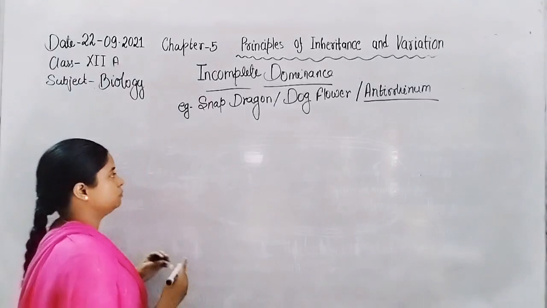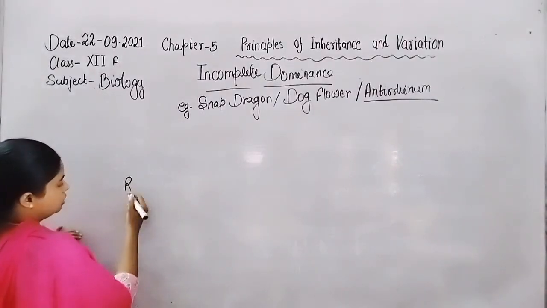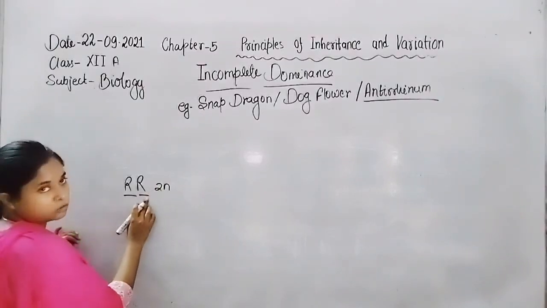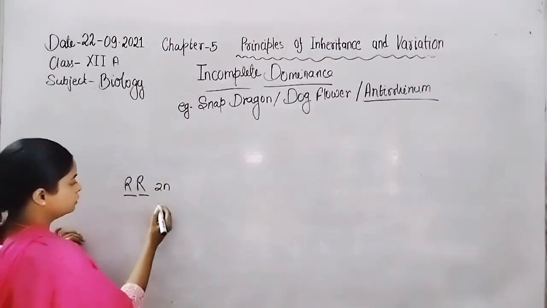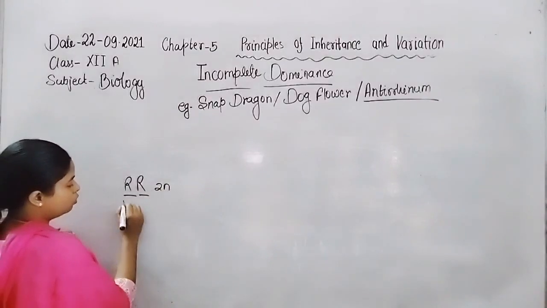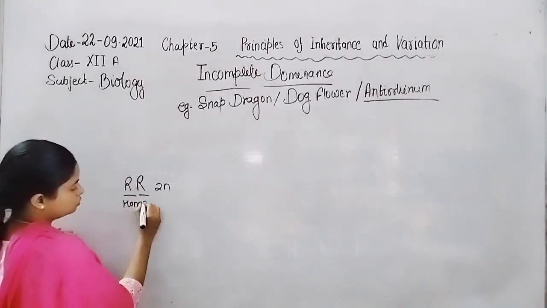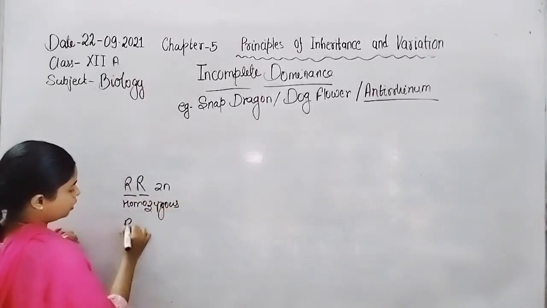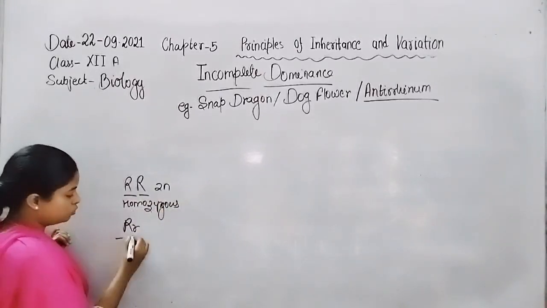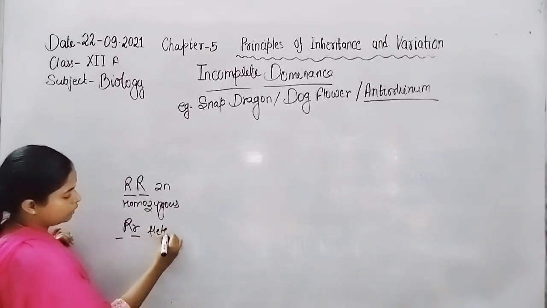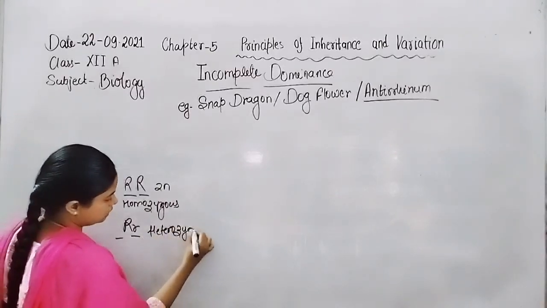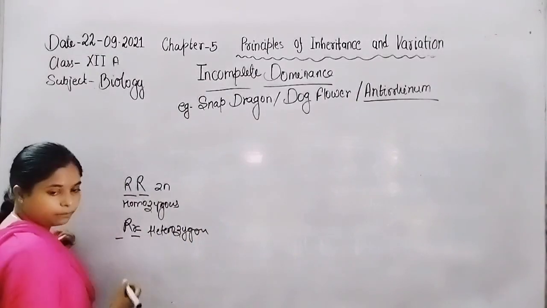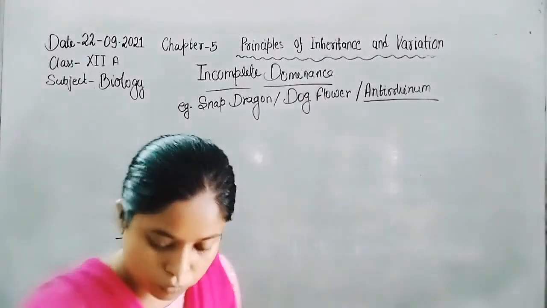For example, capital R shows the diploid organism in the homozygous condition of a true breeding line. Capital R and one small r shows the heterozygous condition. Small r stands for the recessive trait and capital R is used for the dominant trait.